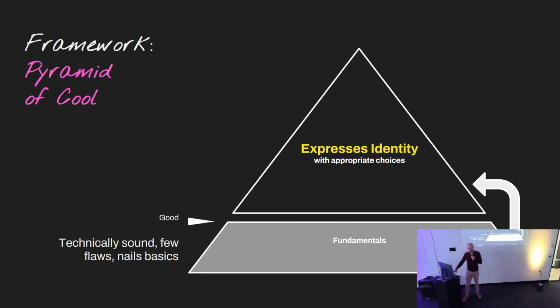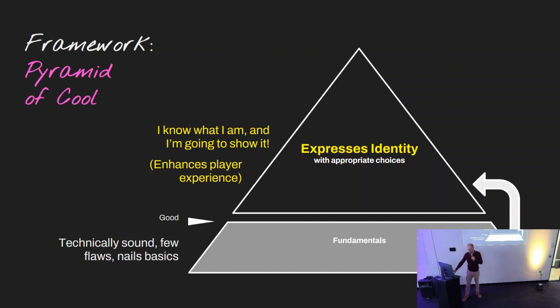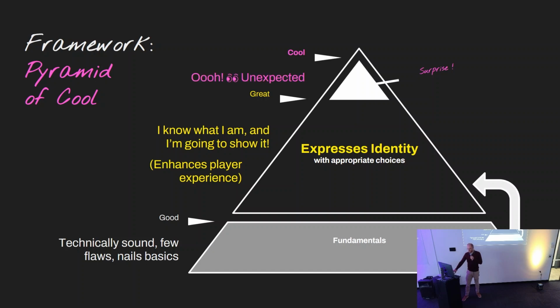Then we use those fundamentals to express the identity of the game with appropriate choices for whatever the game happens to be. So the game says with its UI, I know what I am, and I'm going to show it, which enhances the player experience. That gets us to great, but to get to cool, you need a little something extra on top. What is that? Surprise. Something unexpected, or just something interesting.